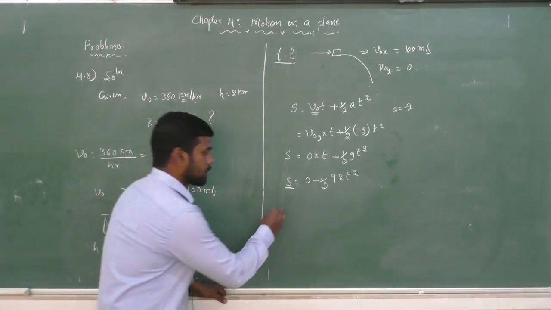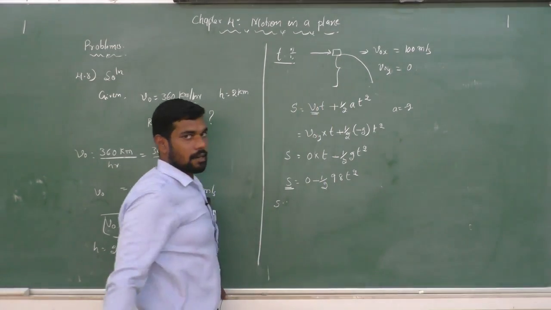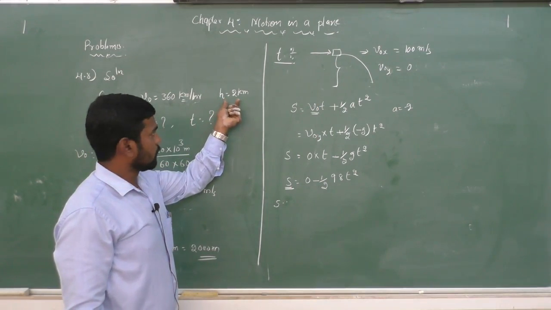Now, what is this S value? S means vertical displacement, the vertical distance traveled. The vertical displacement itself is the h value.